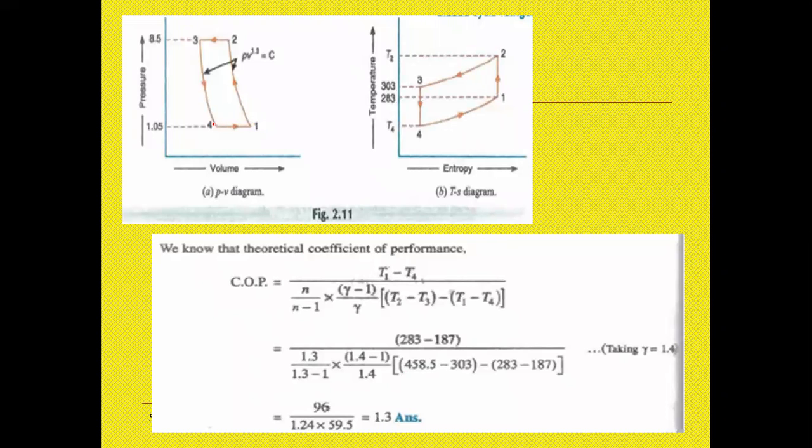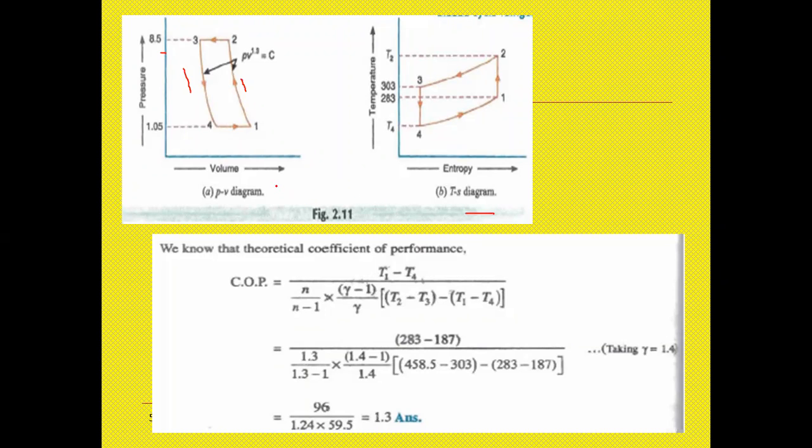Pressure 1 to 4 is equal to 1.05, pressure 2 to 3 is 8.5. So this is isentropic compression, this is expansion. Same thing, write the temperatures. So you have written like this, once you get the problem, first draw the PV diagram and TS diagram.